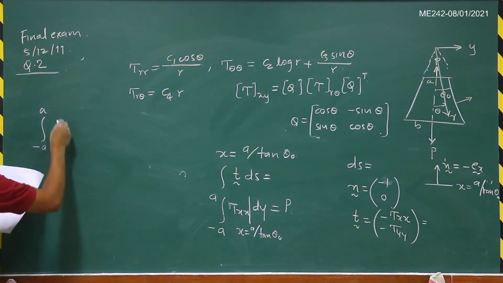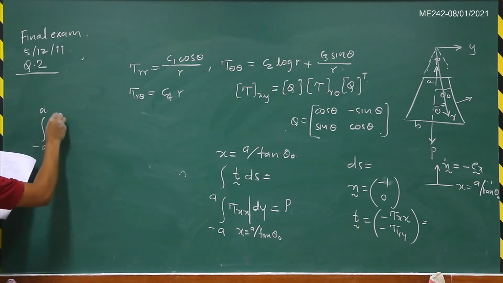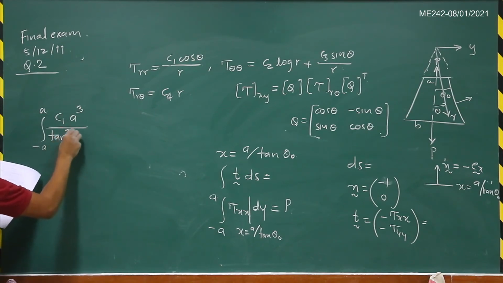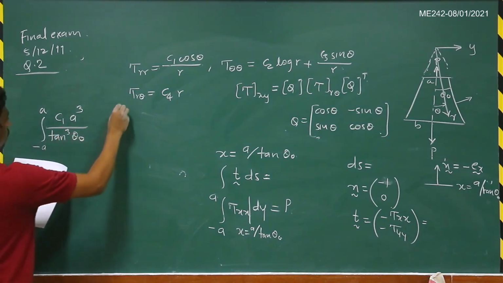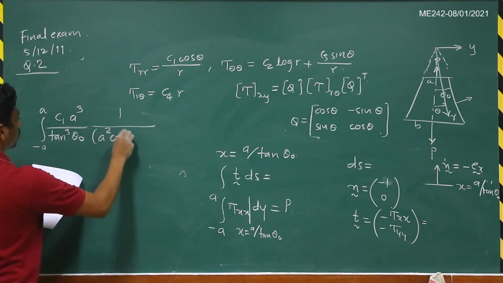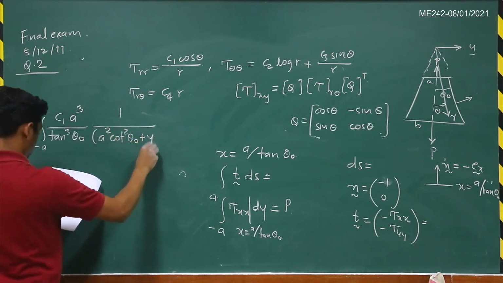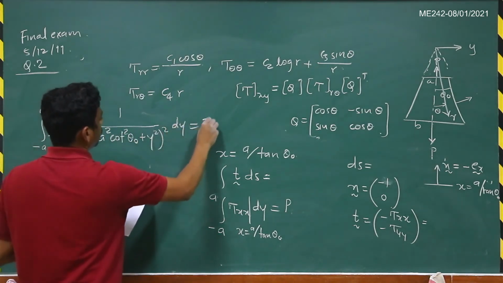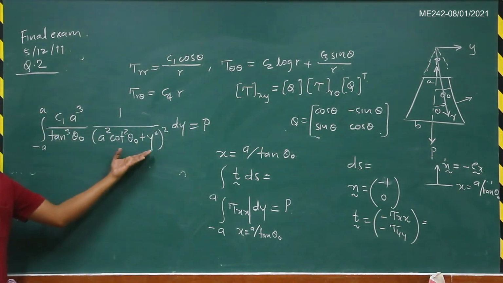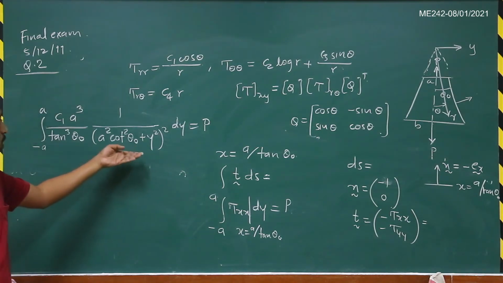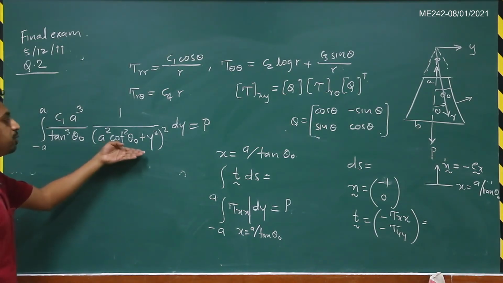So if we put x equal to a by tan theta naught, we have the integral from minus a to a of C1 a cube over tan cube theta naught times 1 over a square cos square theta naught plus y square, bracket square, dy, equals P. Carrying out the integration of this particular term is quite complicated, so you will not be asked to integrate it.